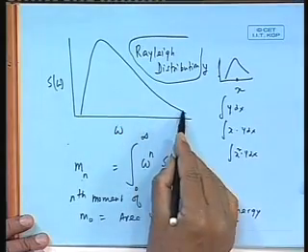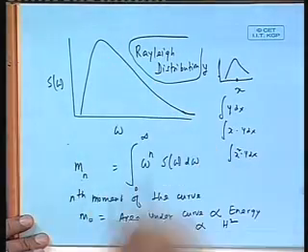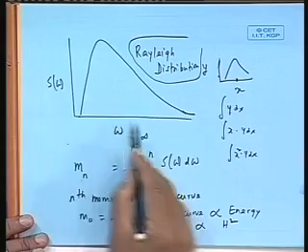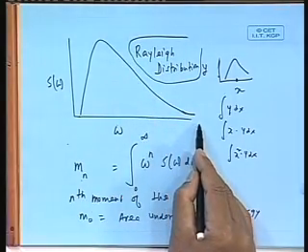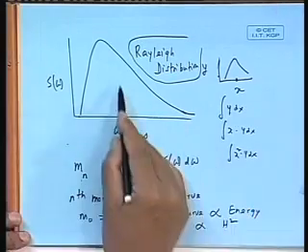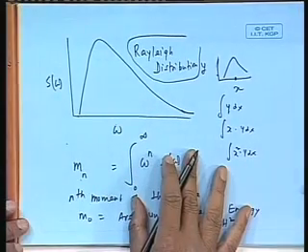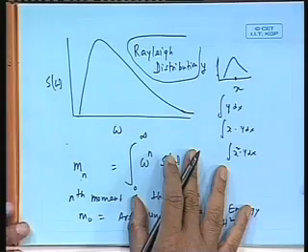The graph will look something like this. There are fewer high waves, and omega high means small waves, so there are more small waves, and it goes like this. This is what has been found out.